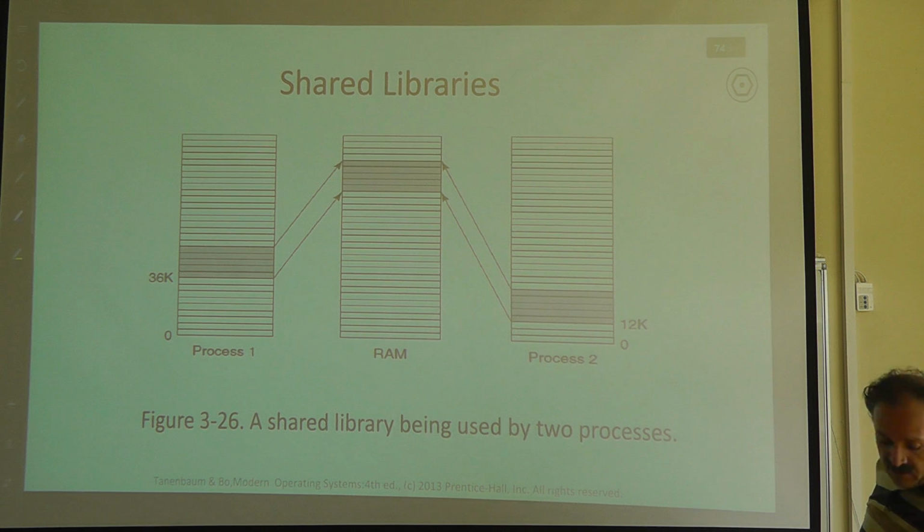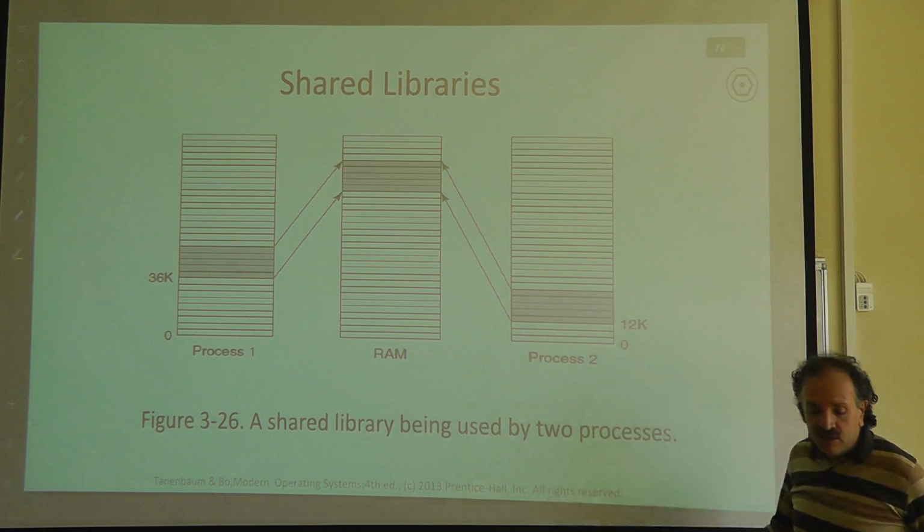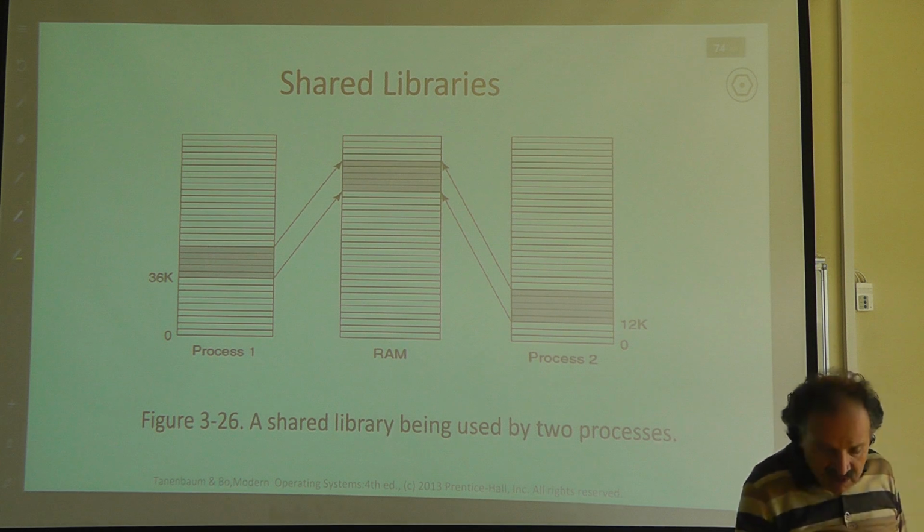So my process shares these pages with this other process. This way, I don't have to reload the sqrt function into my process. That means I am saving lots of memory. I am not loading the same sqrt function many times.